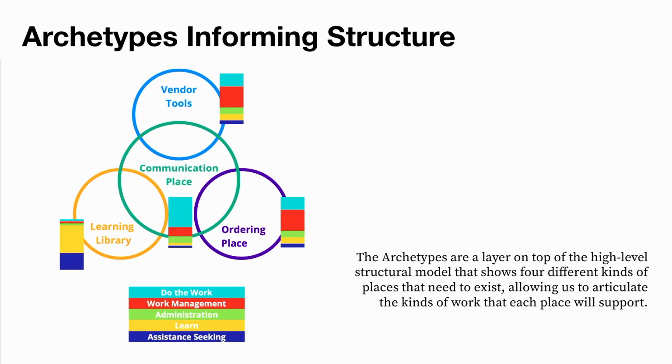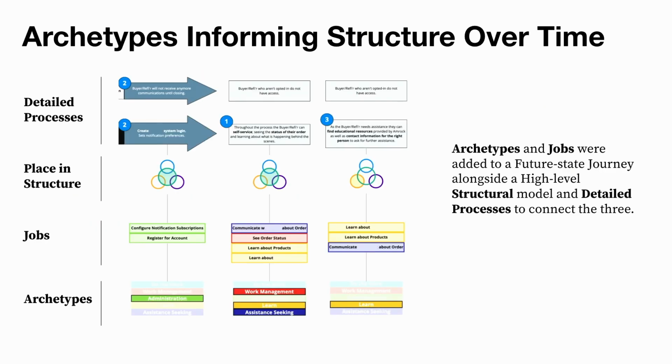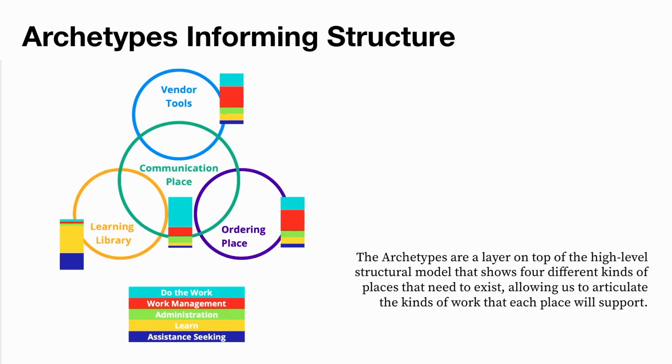And just like the last structural sitemappy, colored oval model, I don't know what to call it, the Skittles model, maybe, showed how one place could be different from the other. Just glancing at this, you can see we shouldn't treat the learning library the same way that we treat the communication place.